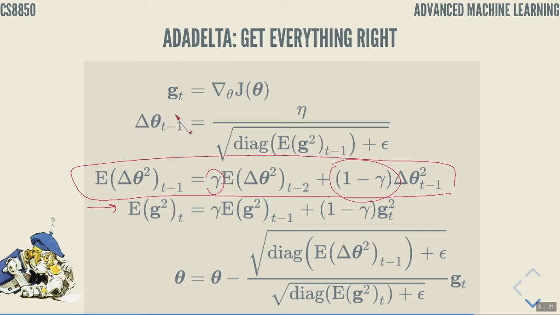So we have delta theta, our update, the update at t minus 1 that includes the gradient, and we're tracking the square of this update with a moving average, similarly as we did for the gradient.